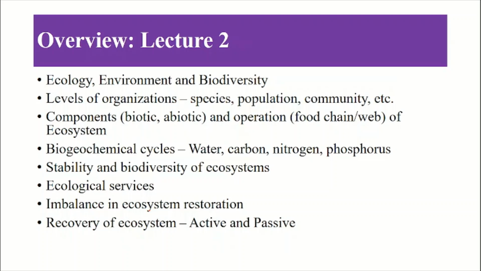So how do we restore the ecosystem to its original state? There are two ways to do that. It can be active, where we directly work through human intervention in the activities that are going on, or passive restoration, where nature itself works on restoring the environment or the ecosystem.